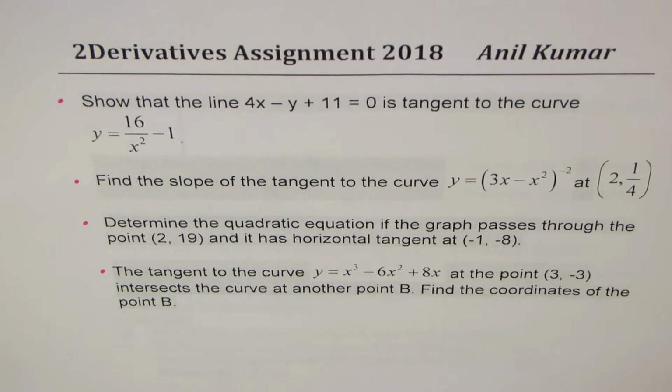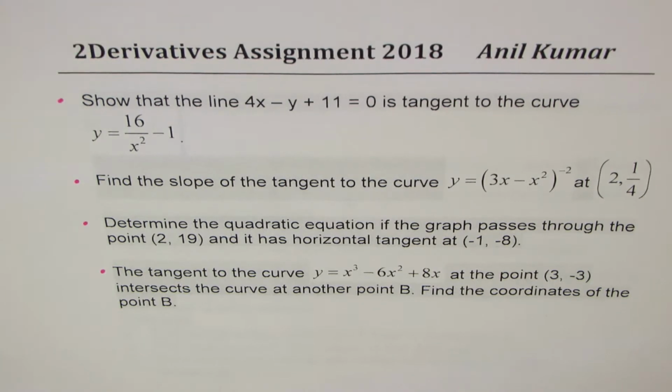Determine the quadratic equation if the graph passes through the point (2, 19) and it has a horizontal tangent at (-1, -8). The tangent to the curve y equals x cubed minus 6x squared plus 8x at the point (3, -3) intersects the curve at another point B. Find the coordinates of the point B, right?